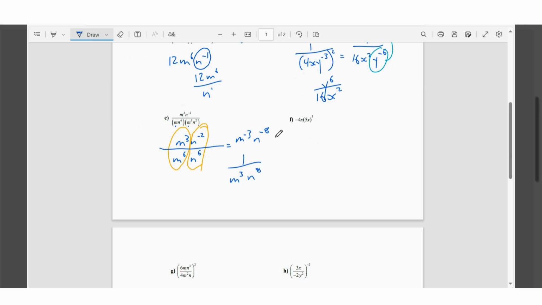This one, I would like to distribute this inside first. So let's deal with our exponents first. We leave our negative 4x, and we end up inside the brackets with 5 cubed. I guess I'll write it out. And x cubed.